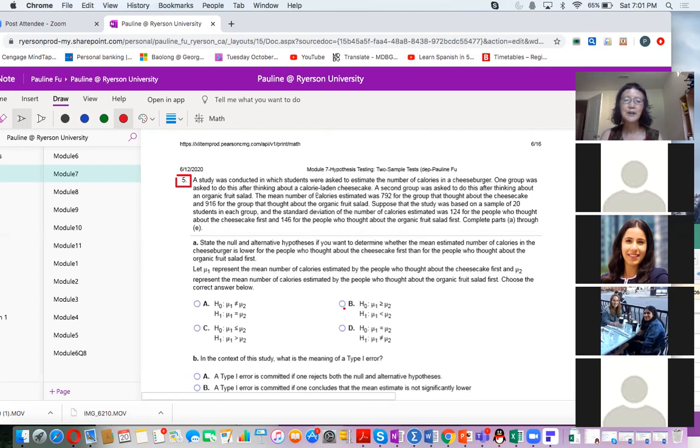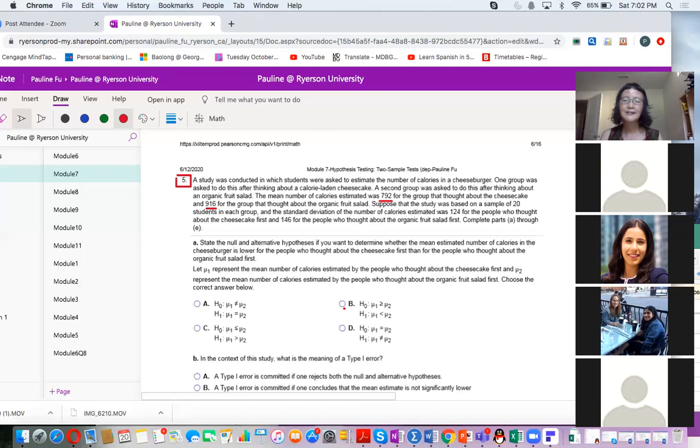The mean number of calories estimated was 792 for the group that thought about the cheesecake, and 916 for the group that thought about the organic fruit salad.